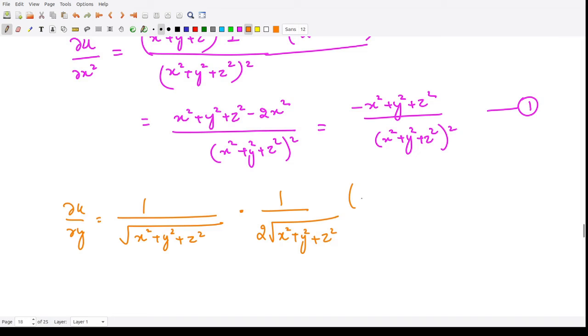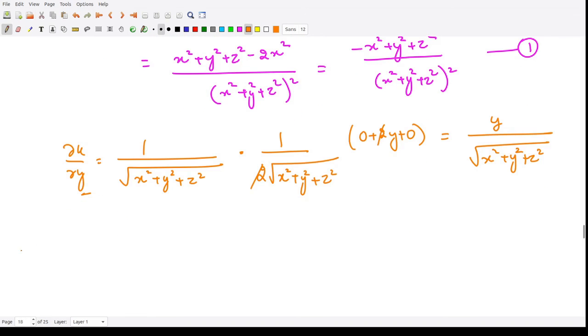So it would be 0 plus 2y plus 0, because we are taking the partial derivative with respect to y. So this 2 and 2 cancel here. So we are left with y divided by x square plus y square plus z square.